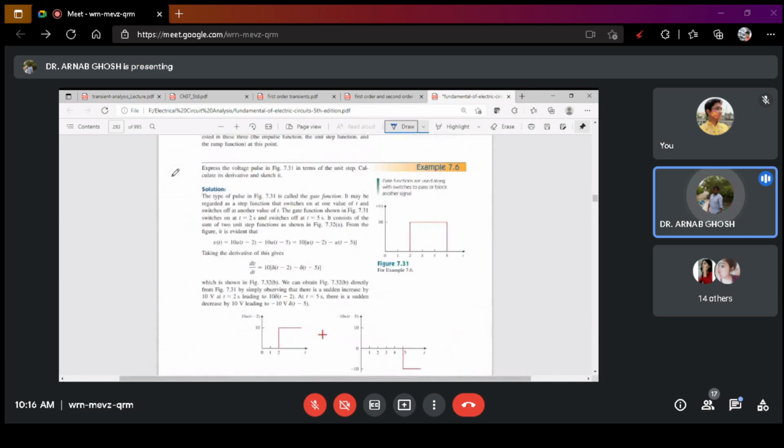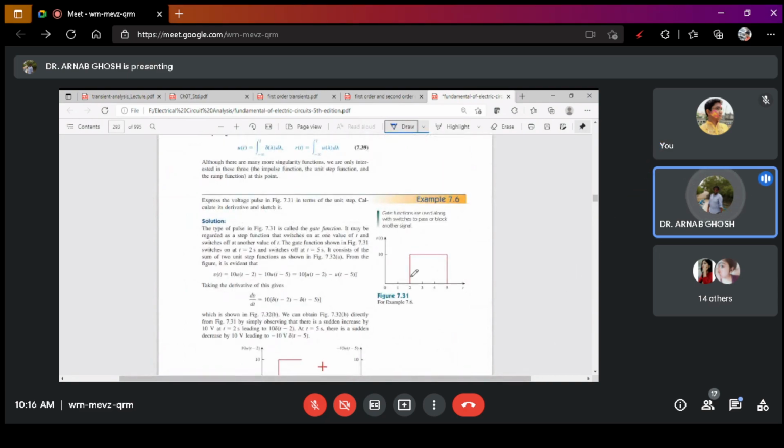See, this is what I was saying. This is what I mean by a unit step voltage. At time t equals 0, when you have switched on the circuit, this has directly toggled up to 10 volt. Let's say we are talking about a 10 volt source, and from that time instant it is still 10 volt until you open the switch, and then it will directly toggle back to 0.